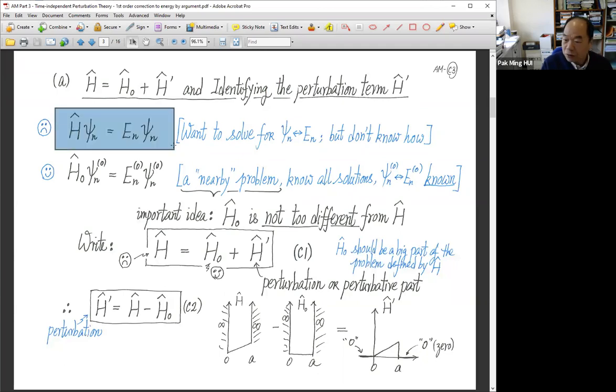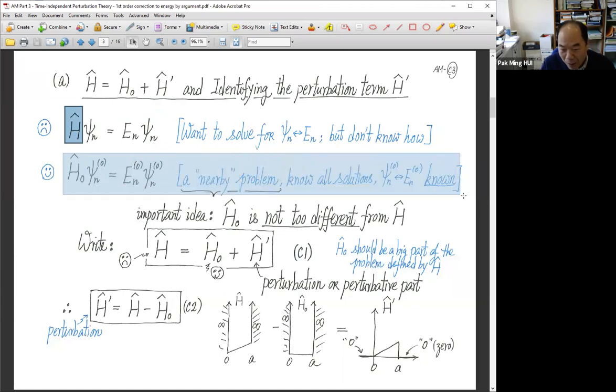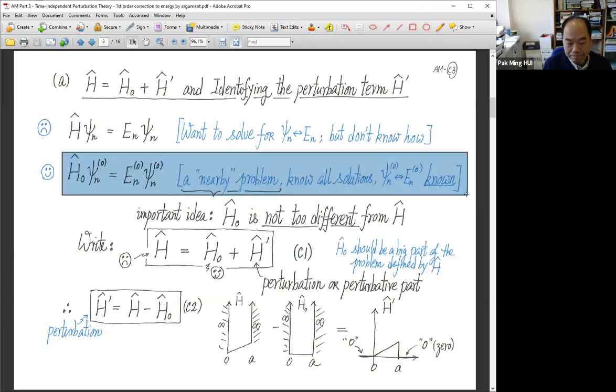Mathematically, we have an H that we don't know how to solve, but we want to do perturbation. Then we need to inspect the H so that a big part of the problem, called H0, is a solvable problem. I call it a nearby problem that can be solved exactly. So in our mind, this H0 may be 90% of H already.